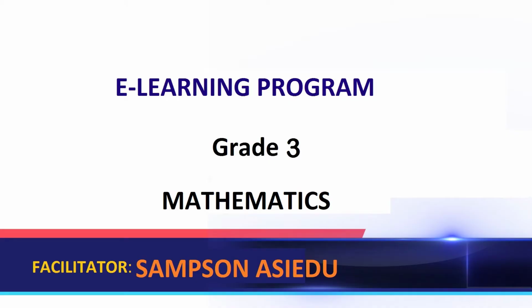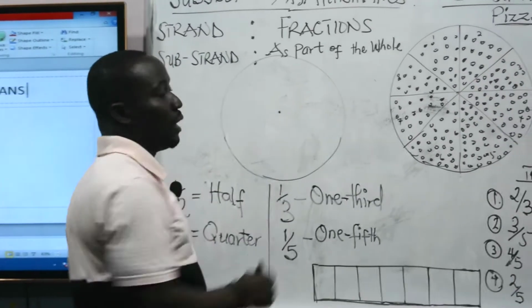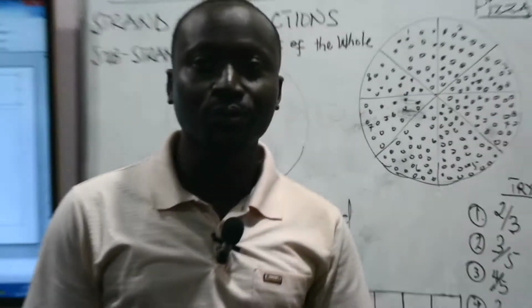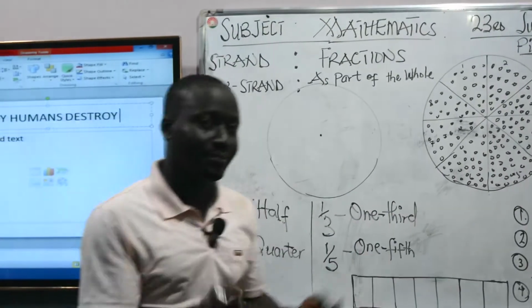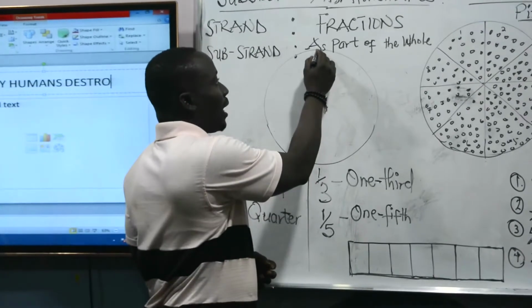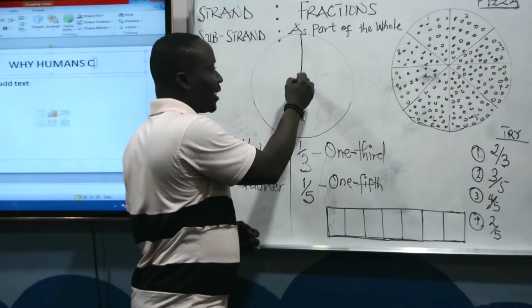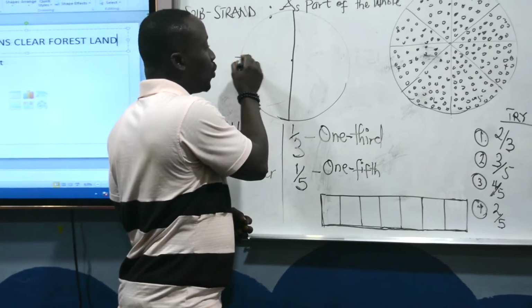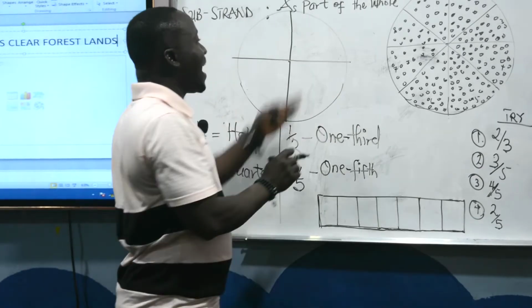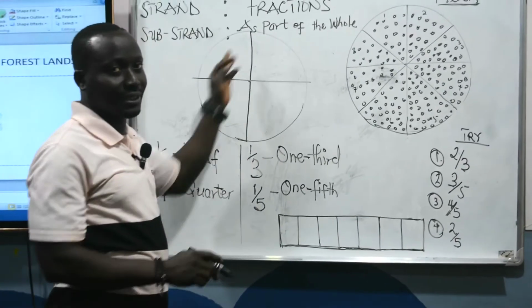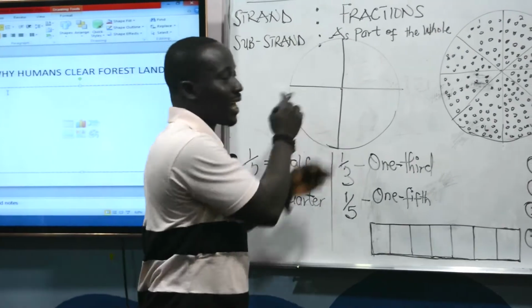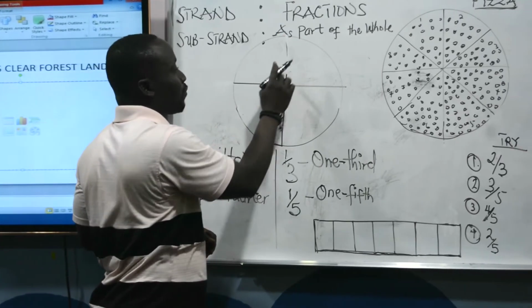Our substrand is fractions as part of a whole. When you take any object, anything at all, when you expect it to divide, you are actually going to cut the object, and in so doing, any portion of this object, for example, the figure you see on the board, when it's cut out, we call that portion a fraction.